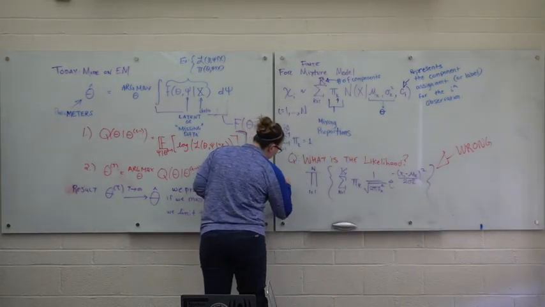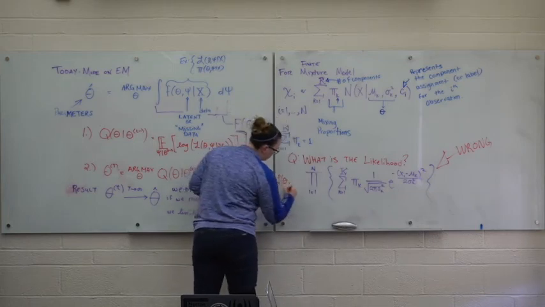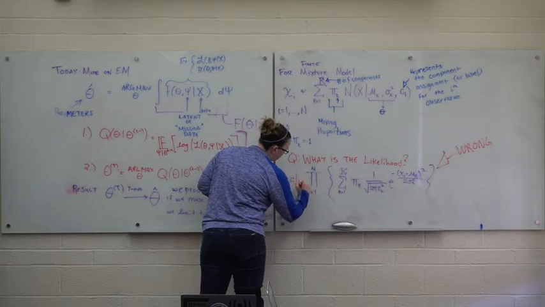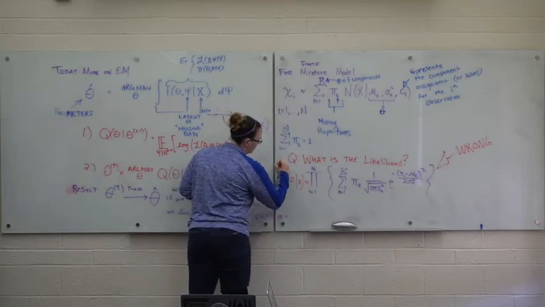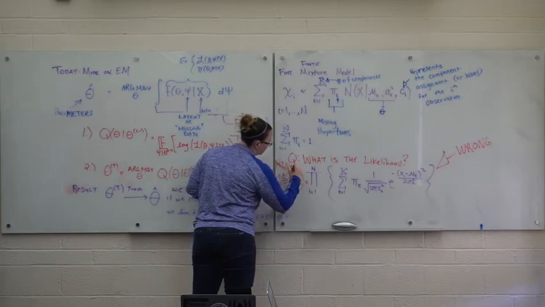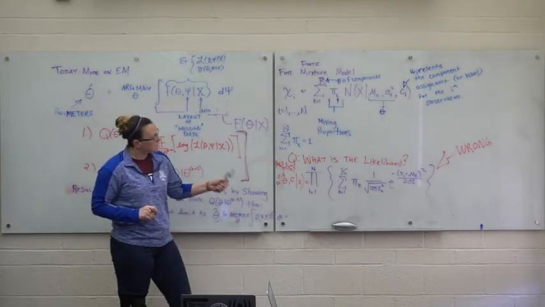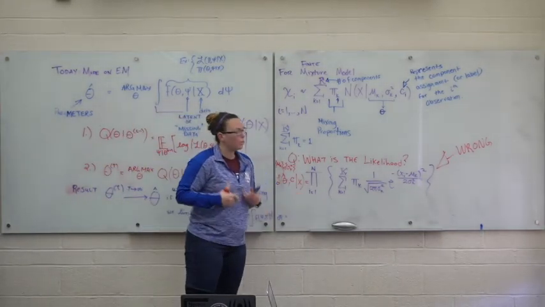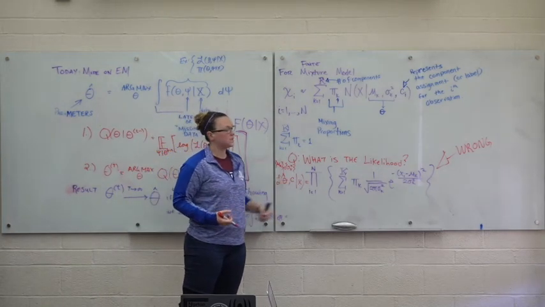Our likelihood is about the parameters theta and c conditioned on our data. Remember, theta is just our set of mu k's and our set of sigma squared k's. But in this likelihood right here, we don't have a representation of our c.